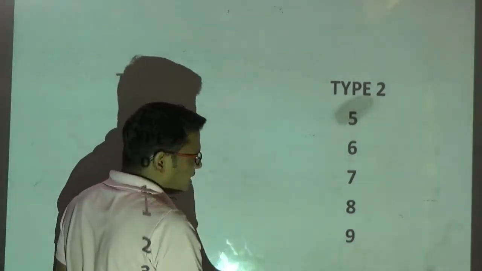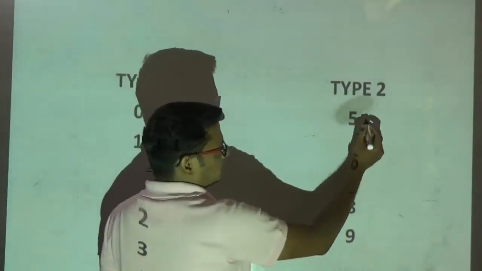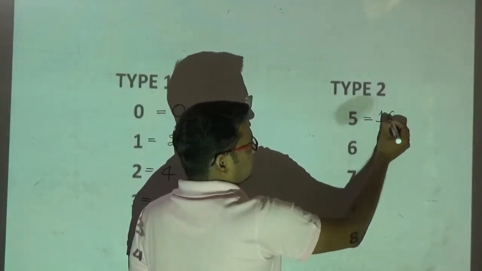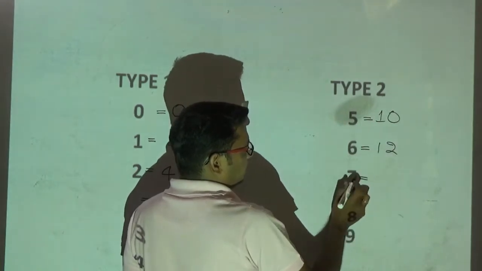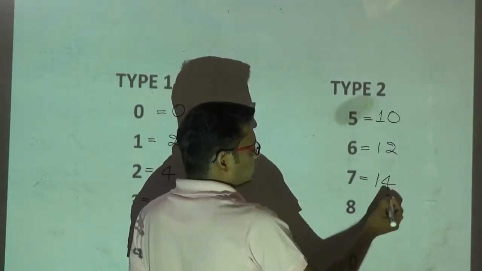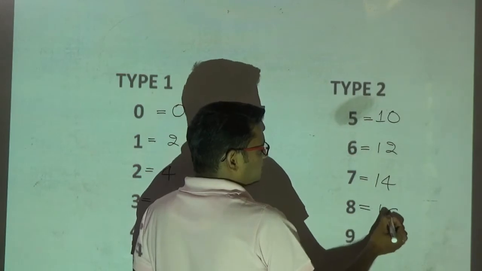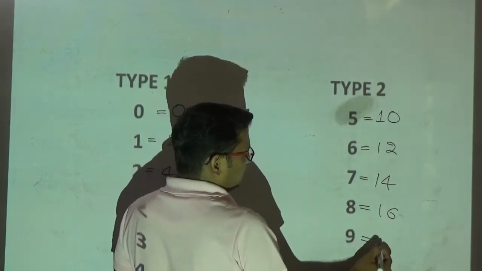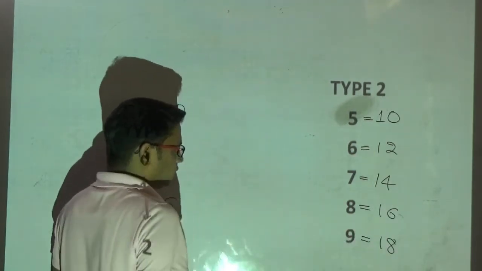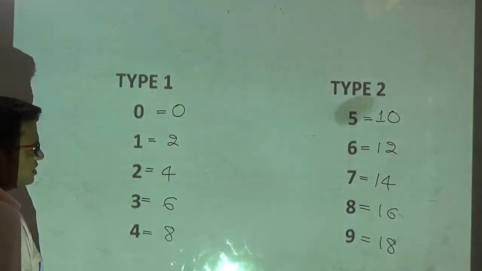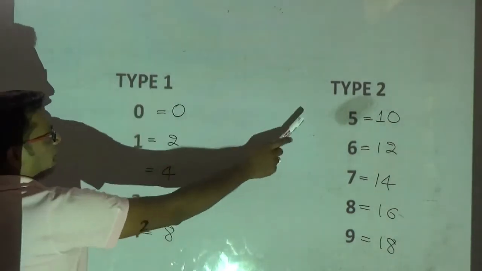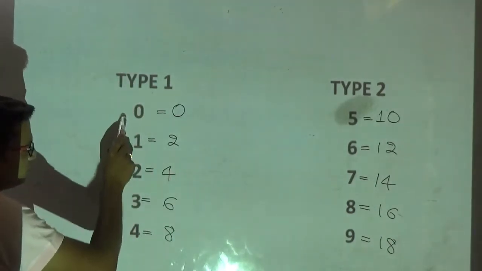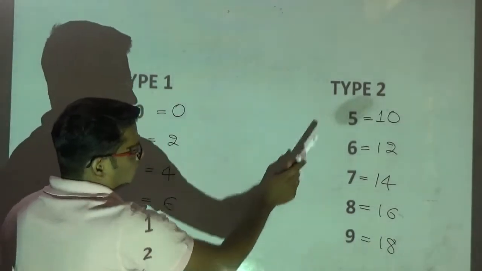But if you double these digits, you will get 2 digits. 5 double is 10, a 2 digit number, 6 double is 12, 7 double is 14, 8 double is 16, and 9 double is 18, all 2 digits. That's why I have classified these digits into 2 types: in type 1, 0 to 4, and in type 2, 5 to 9.